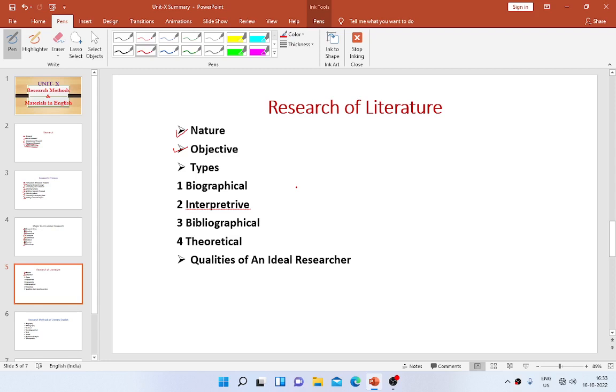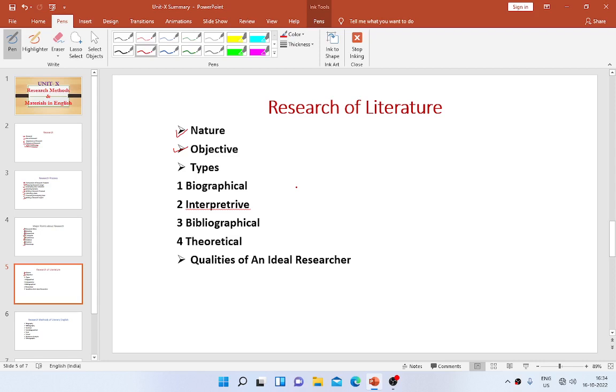But the most important point which we must highlight is the qualities of an ideal researcher. A good research scholar shows dedication to learning. Skepticism is a very important trait of a researcher. He should have the ability to question various things and to look for answers.